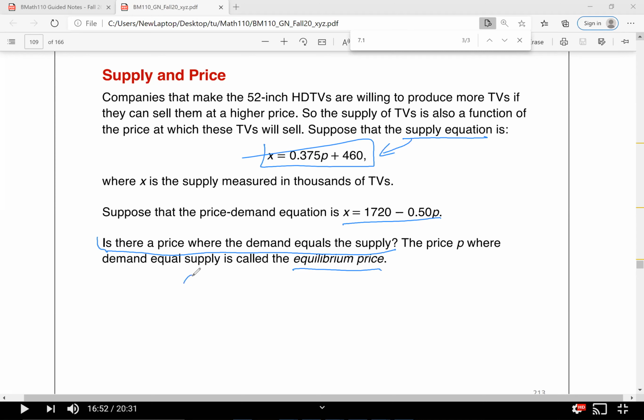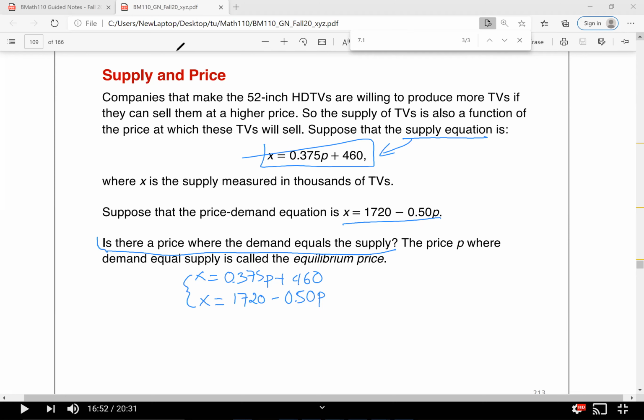So it's the solution of the system x equals 0.375p plus 460 and x equals 1720 minus 0.50p. For this case, you need to solve by substitution only.